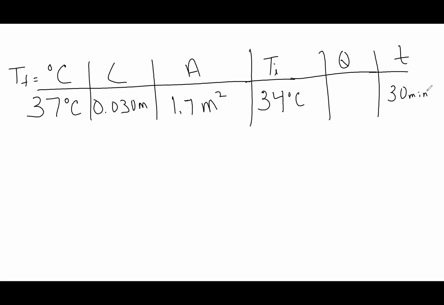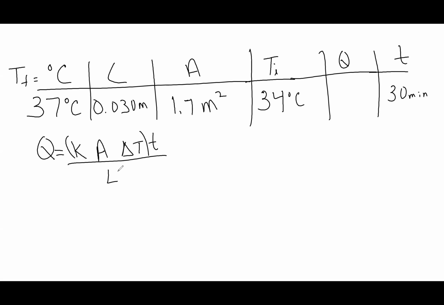We're going to use the equation for conduction of heat through a material. That equation again is Q equals lowercase k, cross-sectional area, change in temperature, times time, divided by the length.